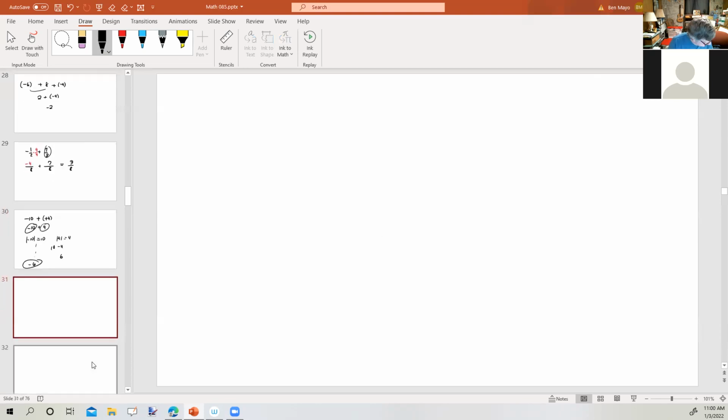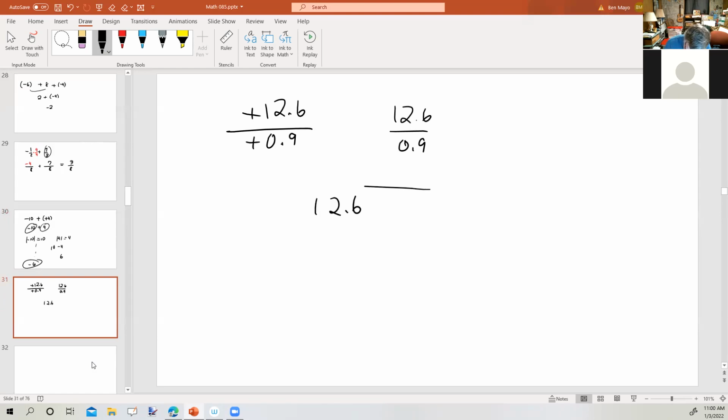How about this? Negative 12.6 divided by negative 0.9. Well, negative divided by negative is positive, so we can change it to a positive 12.6 divided by 0.9. In long division, we'd have 12.6 divided by 0.9.